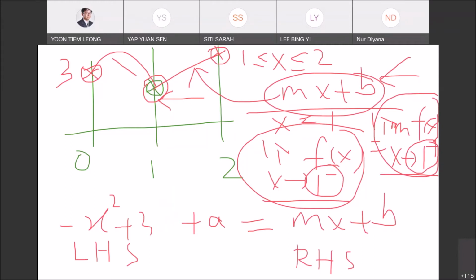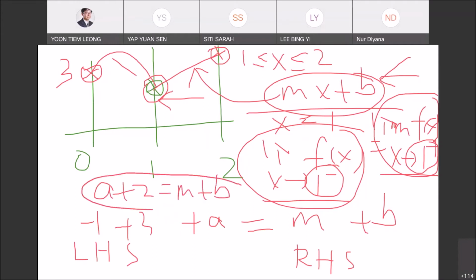So this should be minus 1 minus 1 plus 3 plus 9 equals this plus a. So this would then be a plus 2 equals m plus b. Mind you, in this equation, a has been obtained when we analyzed the behavior of the function at x equals 3.